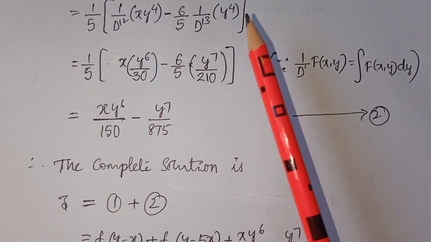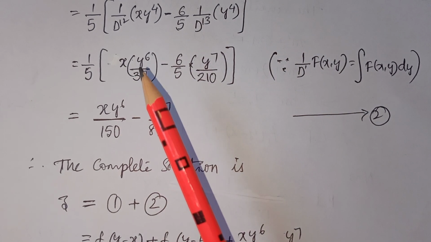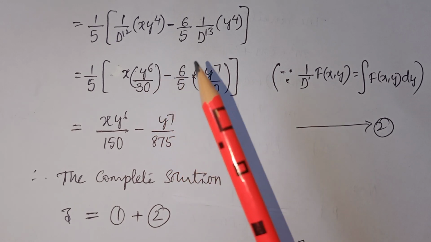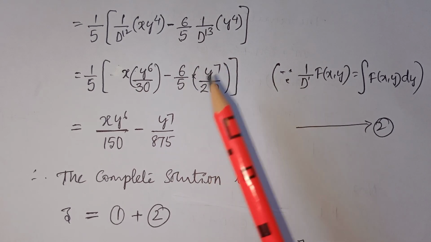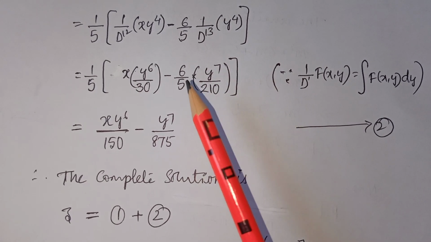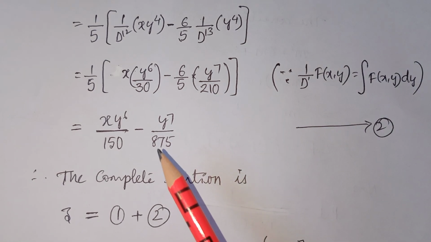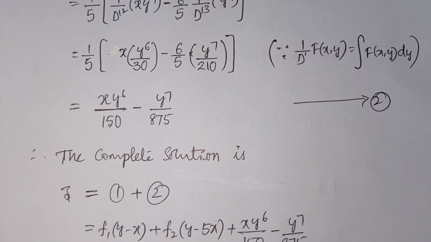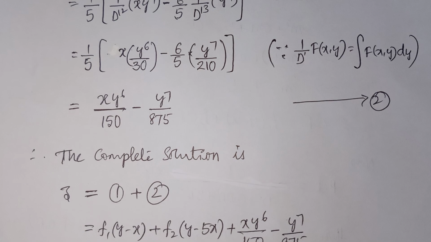So there you will get xy⁶/30 - (6/5)(y⁷/210). By taking this, you can cancel 6 and 35, and multiplying 5 by 5 by 35 gives 875. So the particular integral is xy⁶/150 - y⁷/875.